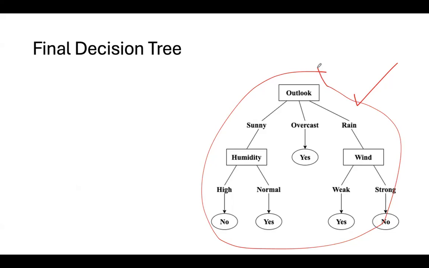Now, the important thing that I want to tell you here is that if you want to implement this in Python, it's a single line code. You don't have to do it manually. You just call a library function of decision tree, and that function will automatically calculate all the entropies and will give you the decision tree. So it's so easy to implement it in Python.